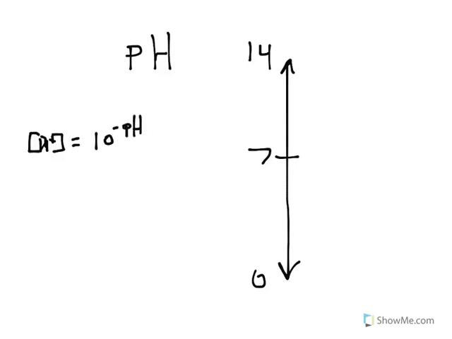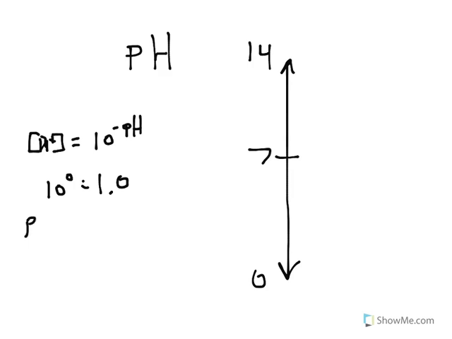What this basically tells us is that every single time I change a pH value by a whole number, it is a tenfold change. So let's think of it this way: 10 to the 0 would be a 1, or rather 1.0. In science, that decimal is always there, and you just cannot get away from that.